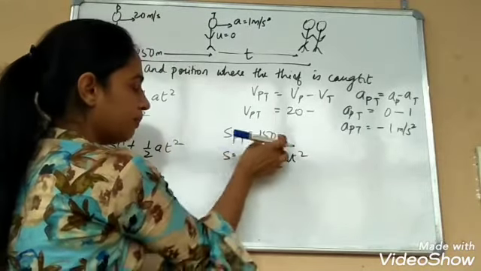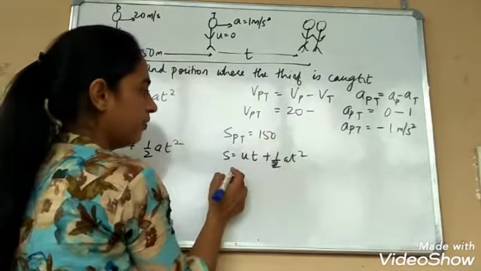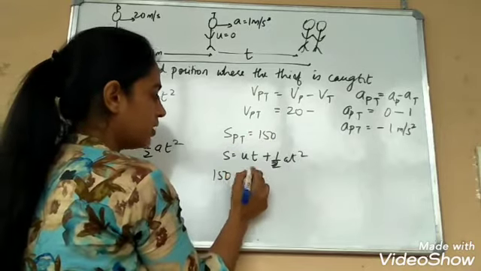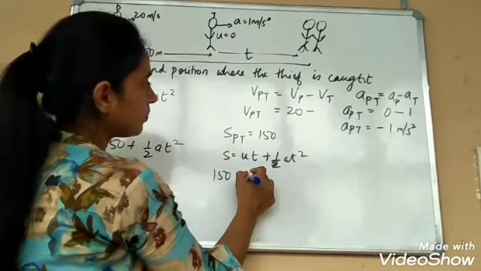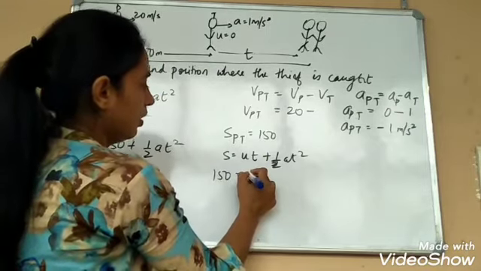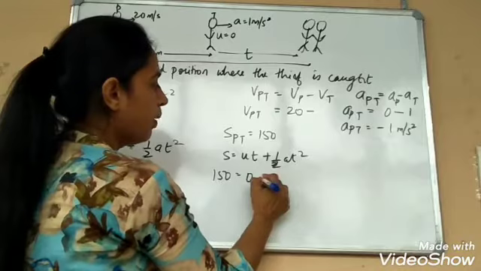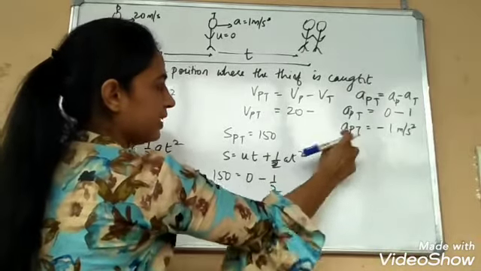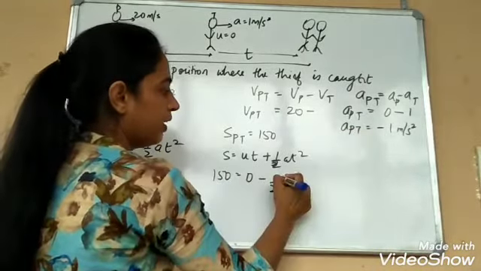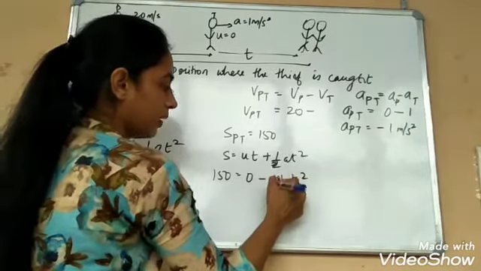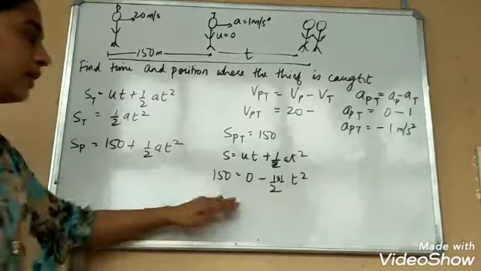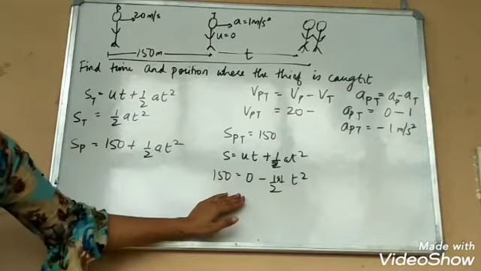Now this s will be the relative one, SPT. So 150 is equal to ut, which is 0, minus half, acceleration of police with respect to thief is 1, into t square.